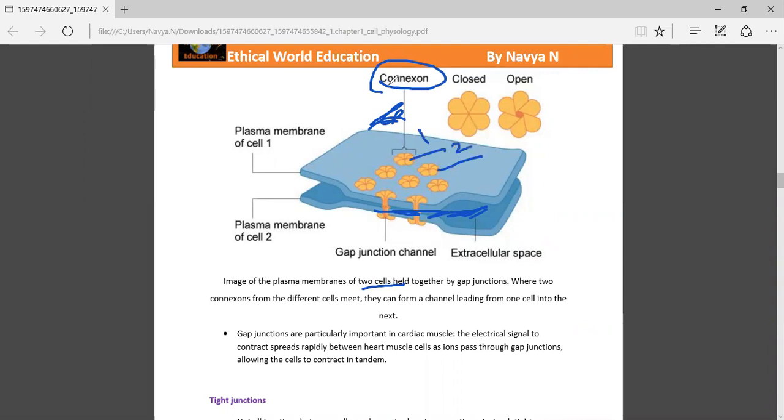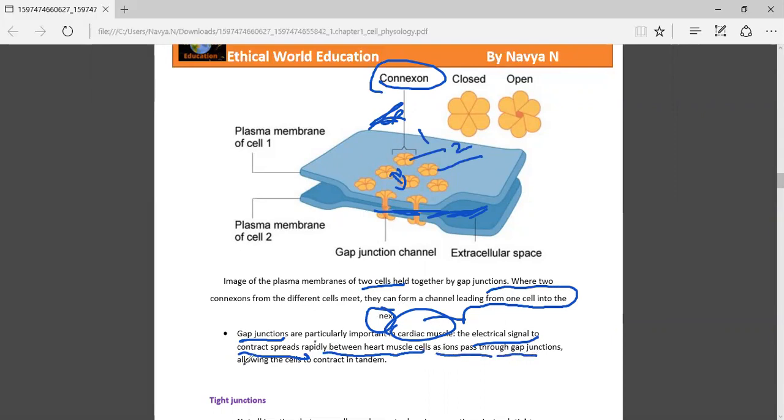When these two connexons from different cells meet each other, they form the channel leading from one cell into the next cell. Gap junctions are particularly important in cardiac muscle, where the electrical signal to contract spreads rapidly between the heart muscle cells. Ions pass through the gap junction, allowing the cells to contract in tandem.